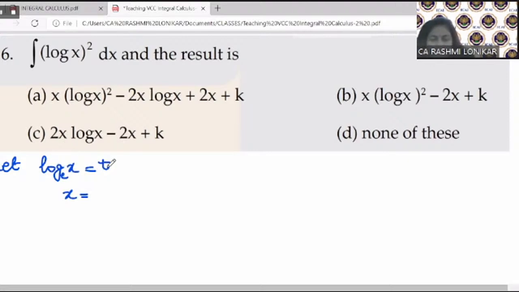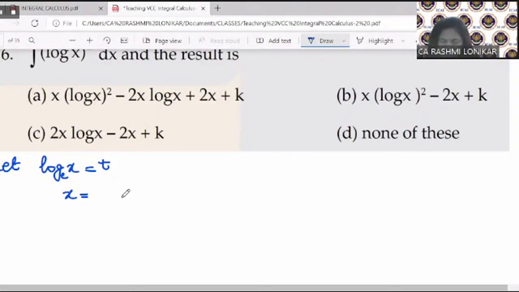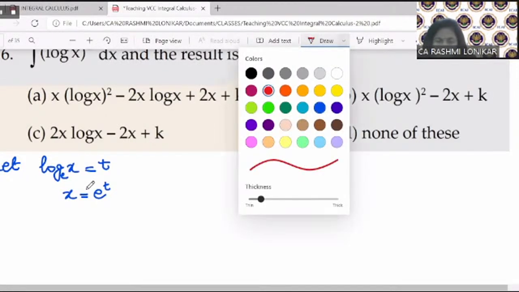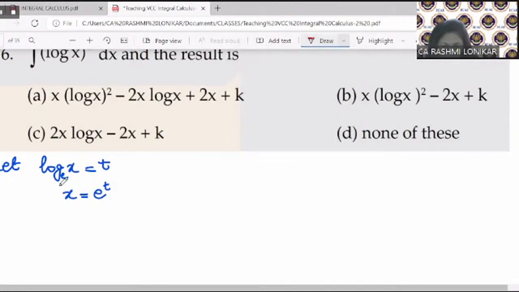Log x to the base e is equal to t, so x is equal to e raised to t. This is the most important step, which you have already done in chapter 1.